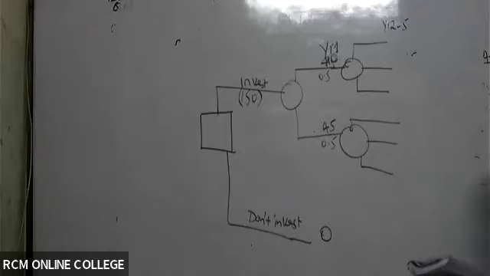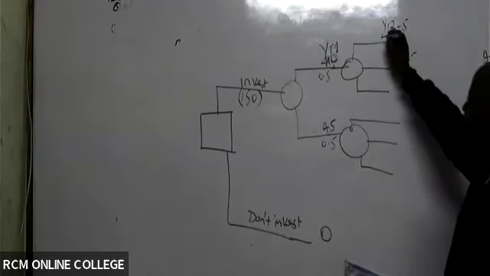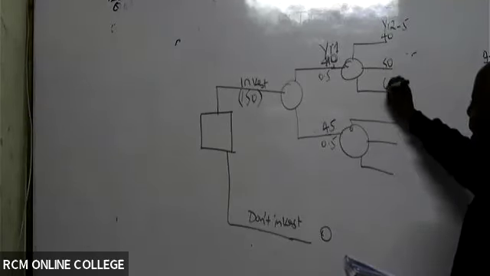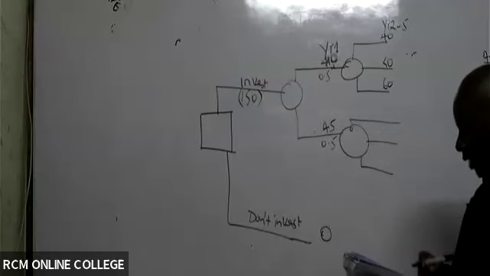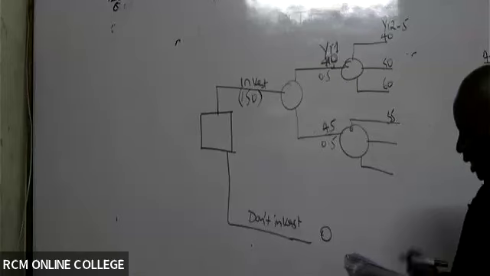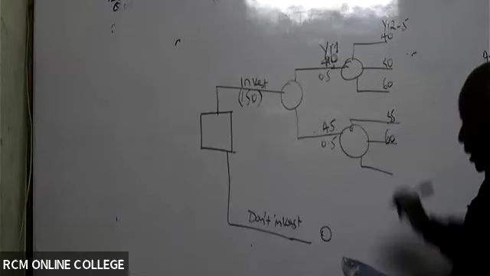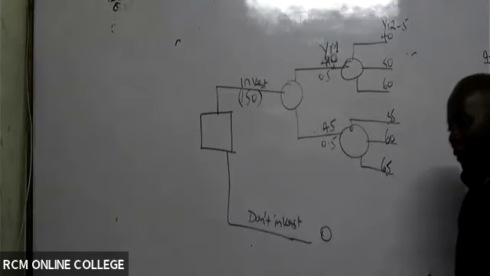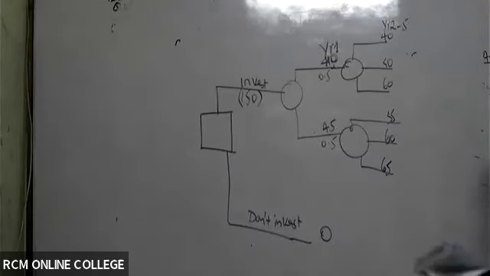So year two to year five, I can see I will get 40 here, I will get 50, I will get 60. If it is 45 that I will get in year one, then year two I will get 55, here I will get 60, and then I will get 65 like that. With what probabilities?